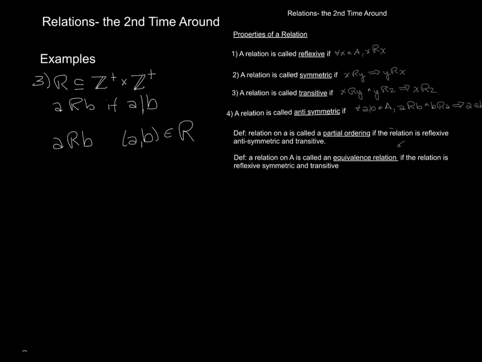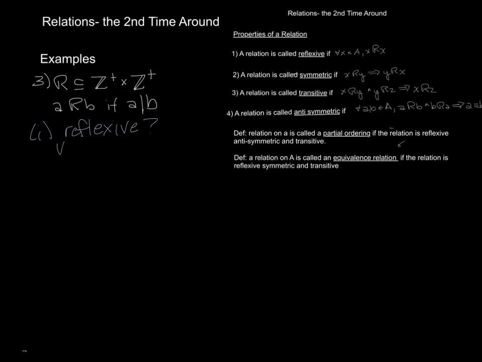You do want to make sure you understand this notation because there are relations on Z cross Z. In this case, R is not a relation on Z cross Z. R is a relation on Z positive, and it's a subset of Z positive cross Z positive. But we'll continue with our example and discuss whether or not first this relation is reflexive.